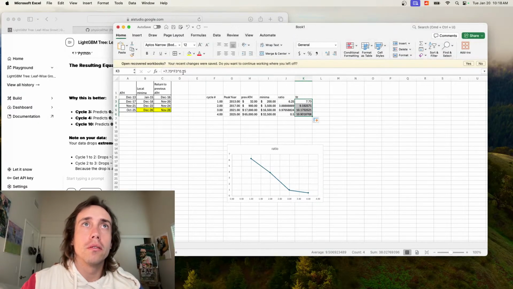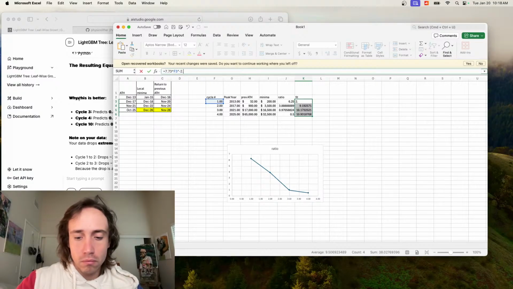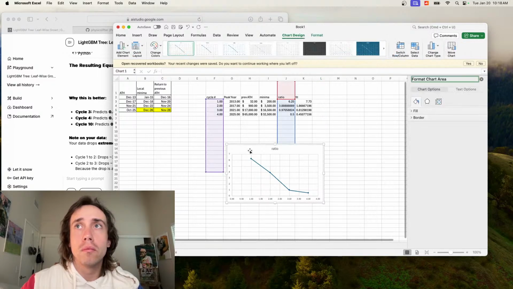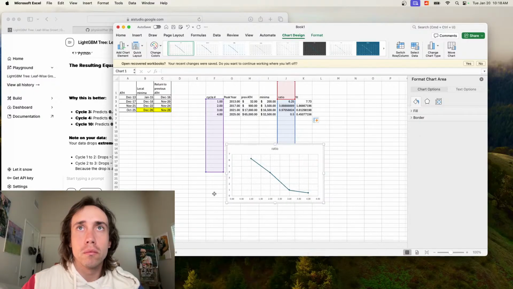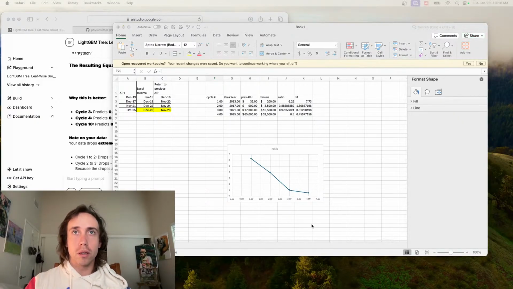Minus 2.05. Yeah, let's just do this in Python.